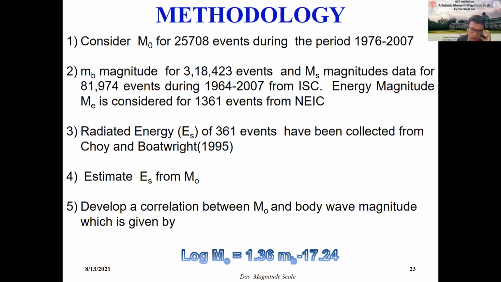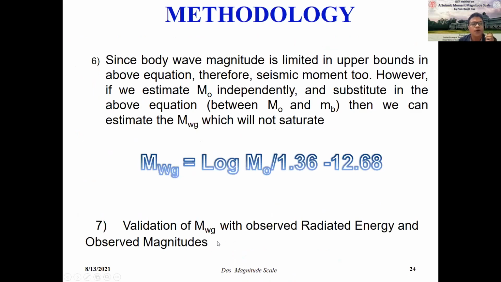So if we can estimate that moment directly from any instruments for the bigger earthquakes, then it is possible to make these magnitudes unsaturated. So what we have done is we just reverse these equations so that we directly get the moment and estimate the magnitudes, and then the MB saturation problem will not be there.